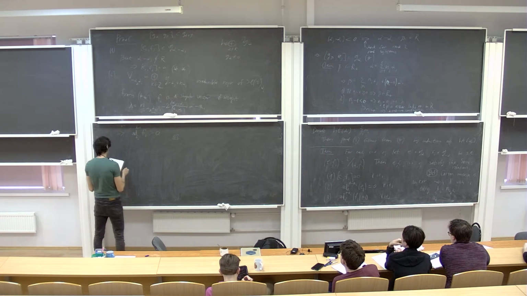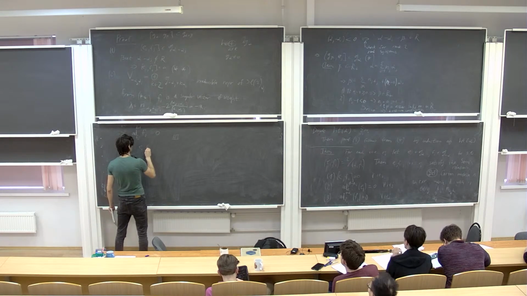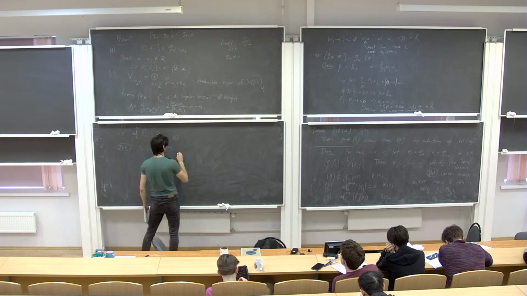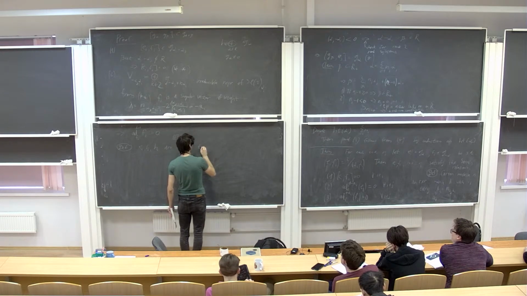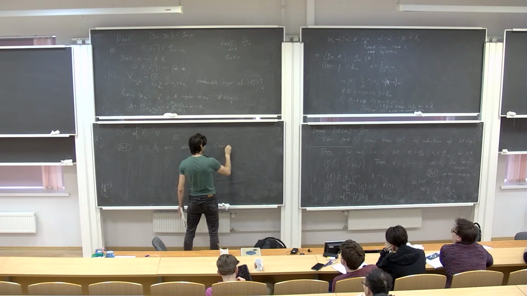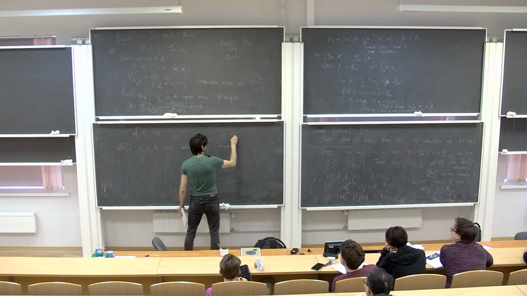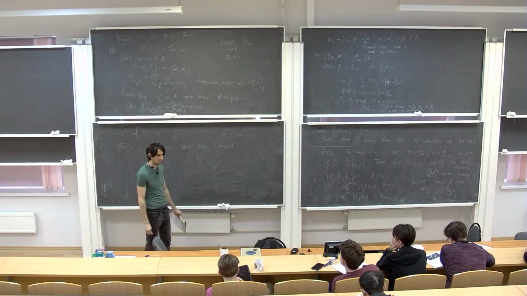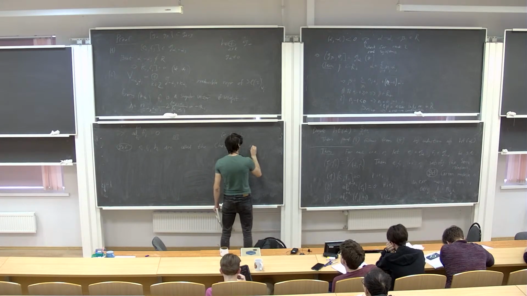Usually these generators, E_i, F_i, and H_i are called the Chevalley generators. It's E_i commutator with F_i, yes, it's H_alpha_i.